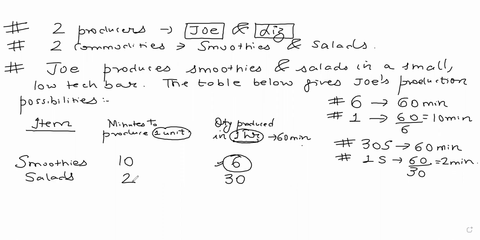So Joey can produce 1 salad in 2 minutes. And Joey can produce 1 smoothie in 10 minutes. Hoping students are clear till here.